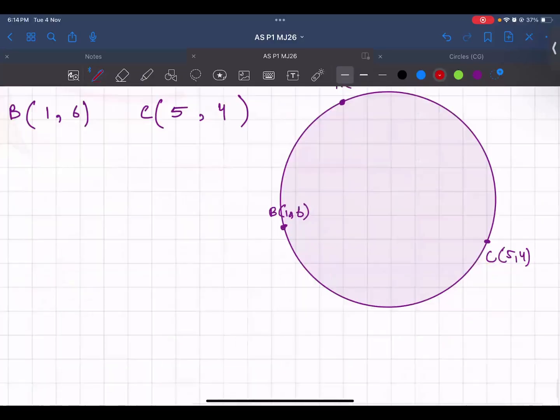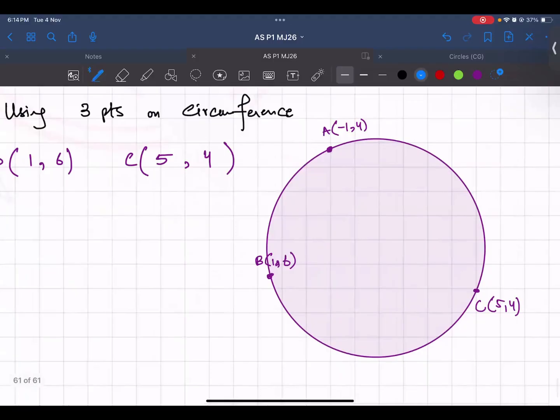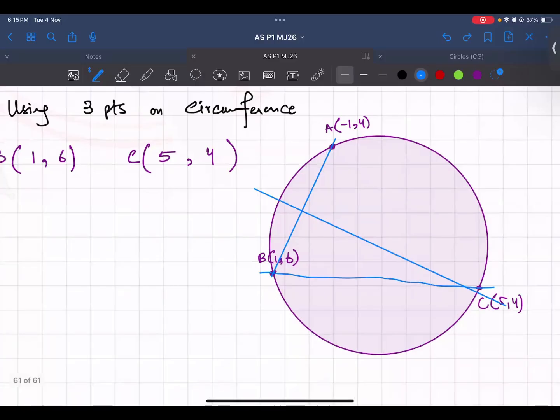So if I join any two of these points, let's suppose AB, and I find the equation of the perpendicular bisector, the diagram would be something like this, right? And then if I draw another chord, BC, which is another chord, and I find the perpendicular bisector of this chord.